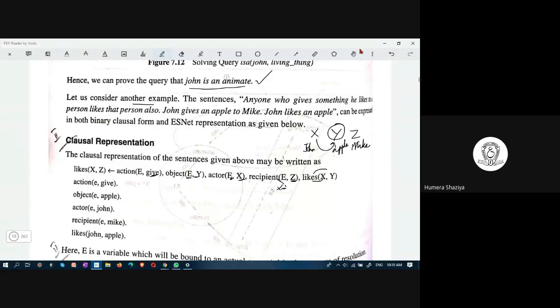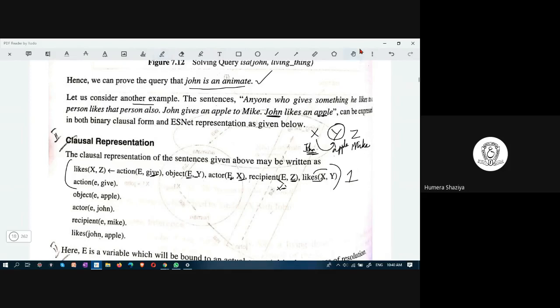X is John. John likes apple. This is the first sentence.